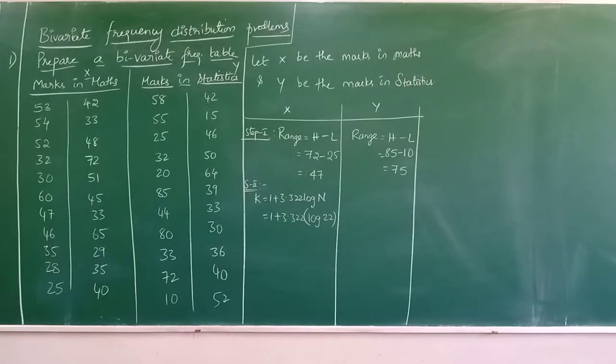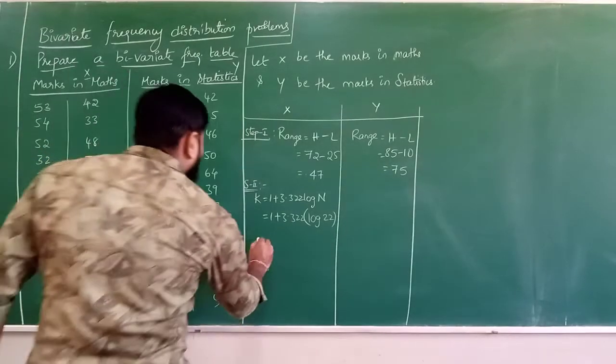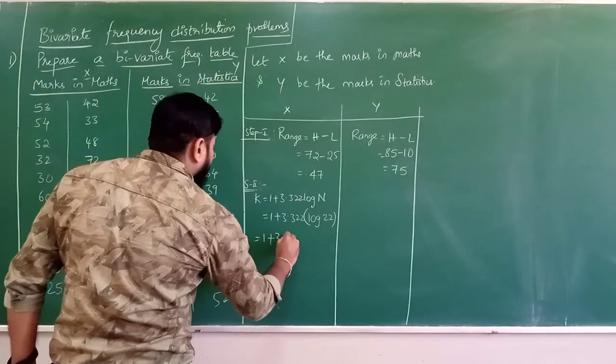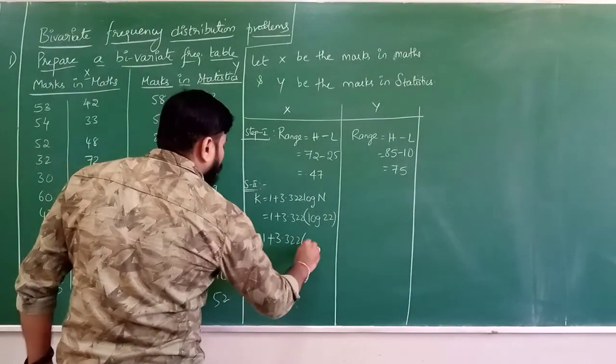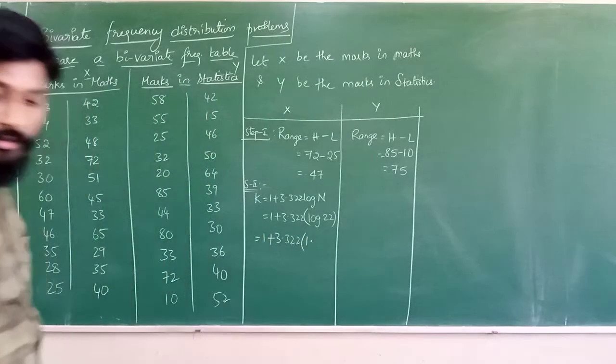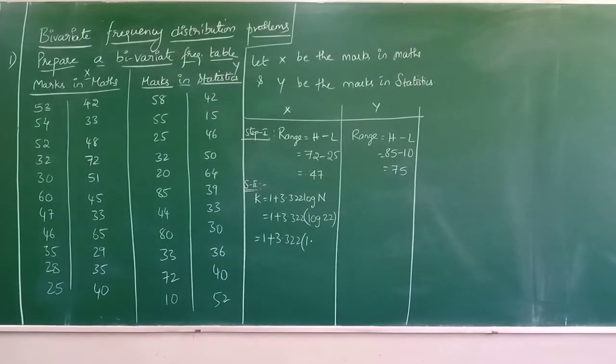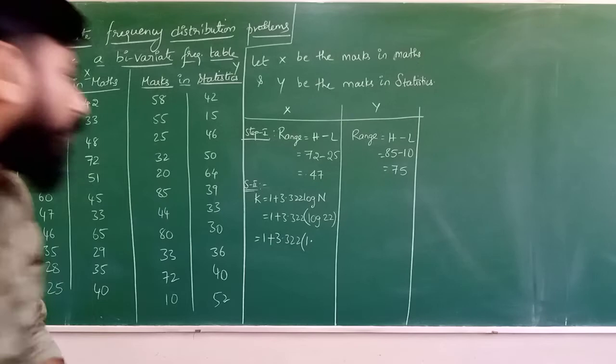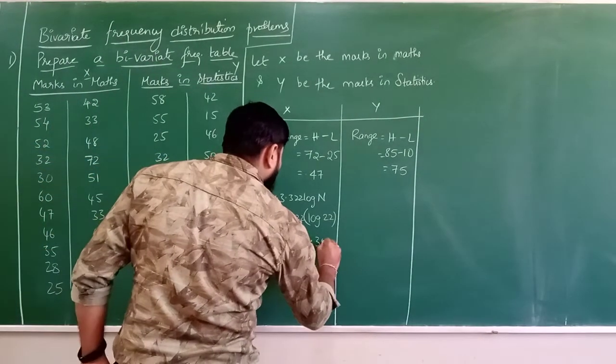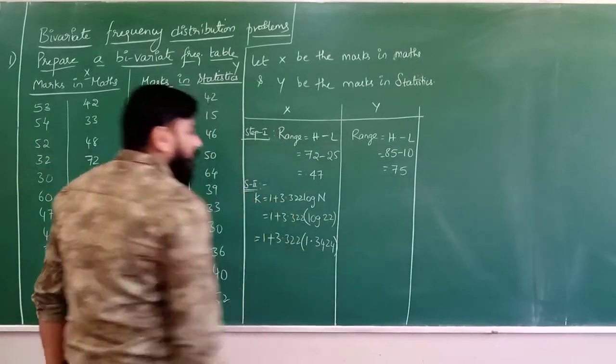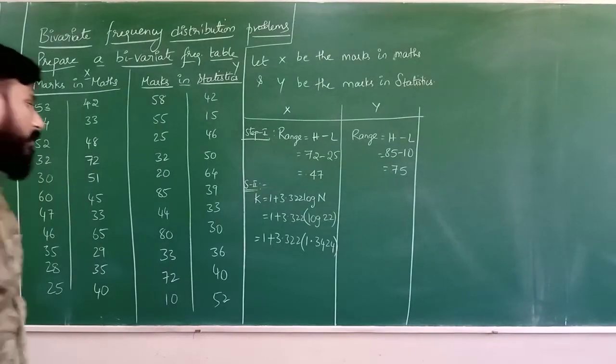What is the log 22 value? Log 22 value is 1.3424.